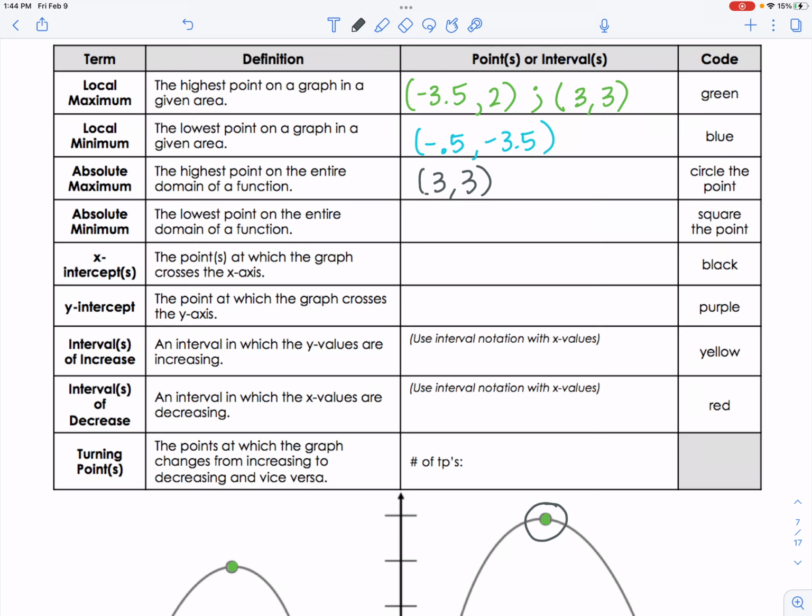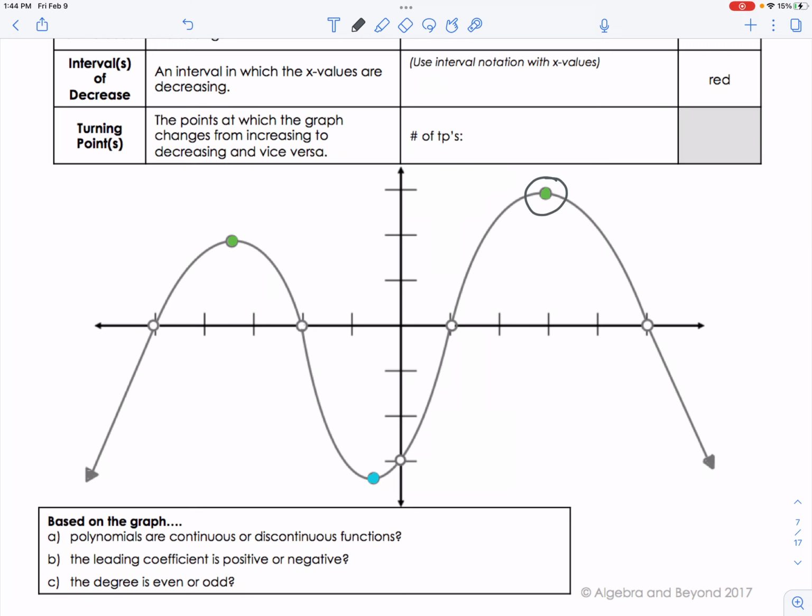Now, an absolute minimum is the lowest point on the entire domain of the function. Well, we don't have an absolute minimum. We have a local minimum, but we don't have an absolute. The reason is there's only one point possible. If you only have one point possible, that is a local minimum or a local maximum, because there's nothing to compare it to.